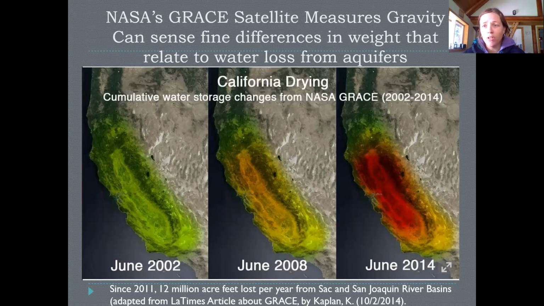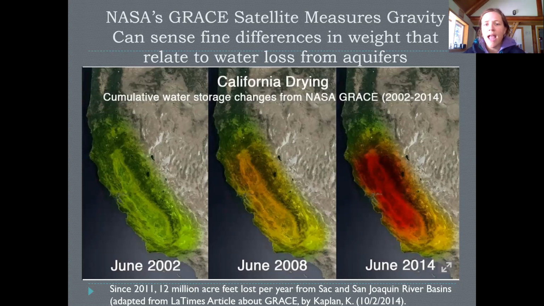And ground that's saturated with water has more mass. It's denser than dry ground that has air in between soil particles. So we can actually measure the gravitational pull of the land. And when the land is wet, with more water stored in it, it's going to have a slightly greater pull.